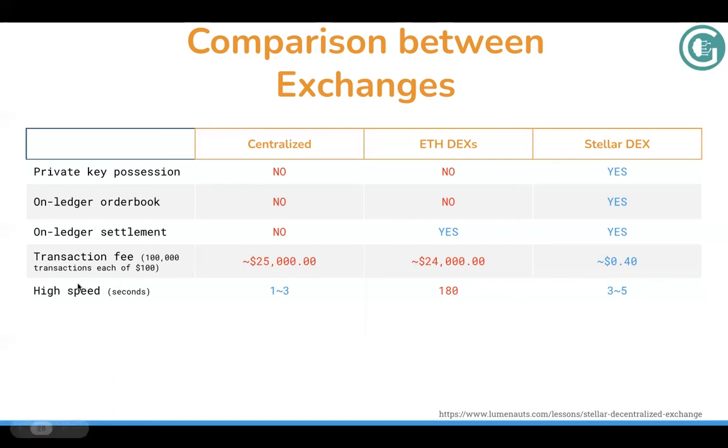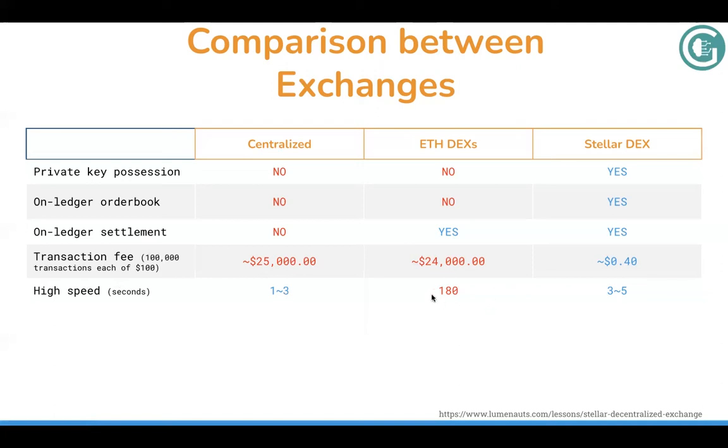So this is crazy. The last one is, we talked about it, in order to become a medium of exchange, a good asset's transaction speed needs to be fast. Obviously, for a centralized exchange, one of the benefits is that things are pretty fast, since you do it centrally, 1 to 3 seconds. Usually it happens in 1 second.